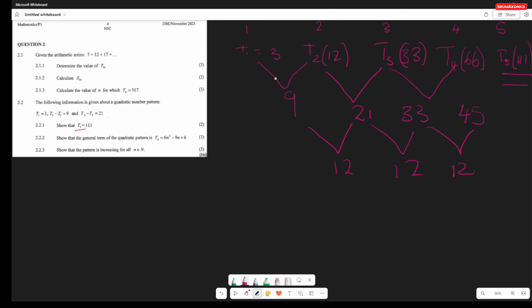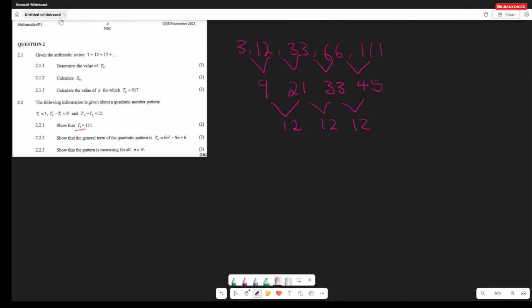Let me erase the board. So I decided to write this in a concise way, and now you can say that the first difference will be represented by a plus b plus c, which is equal to 3, right?